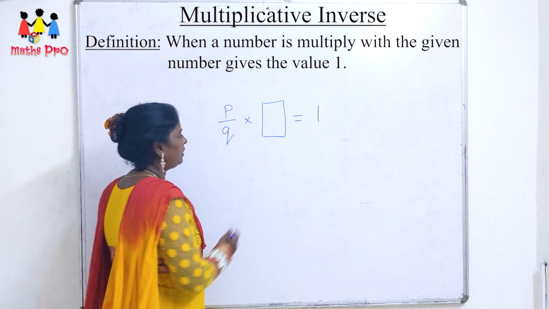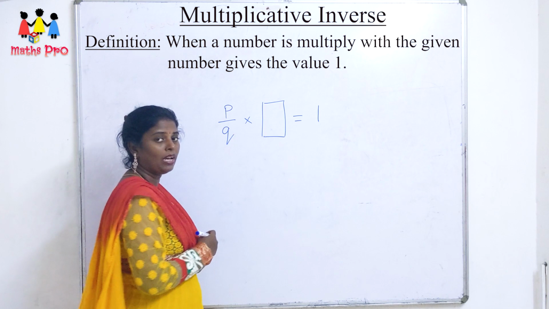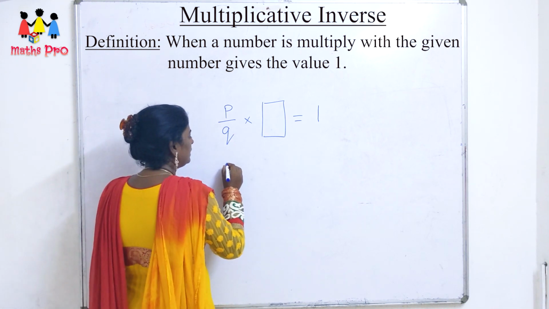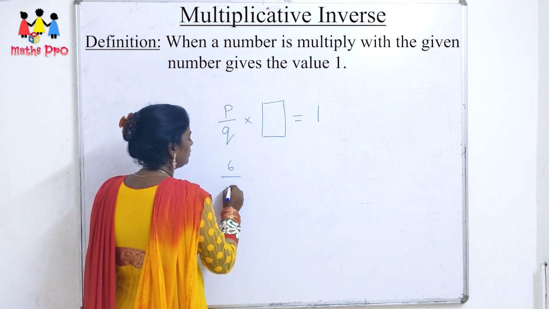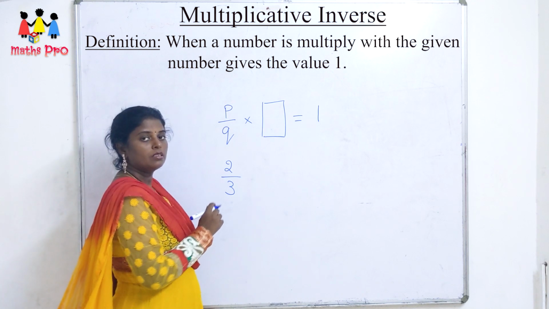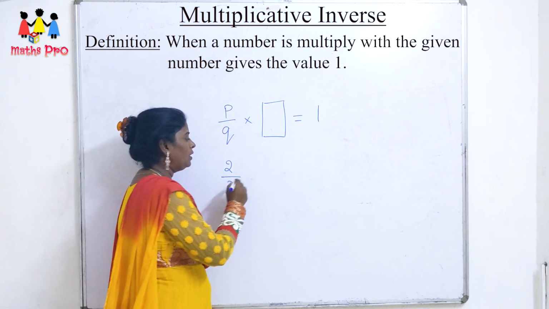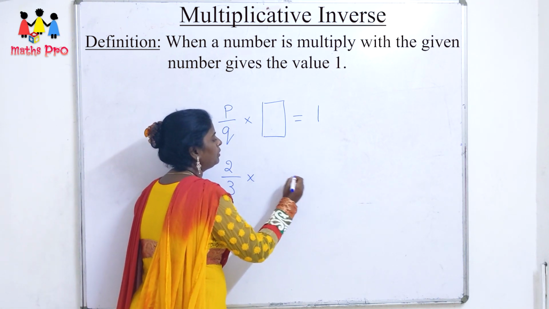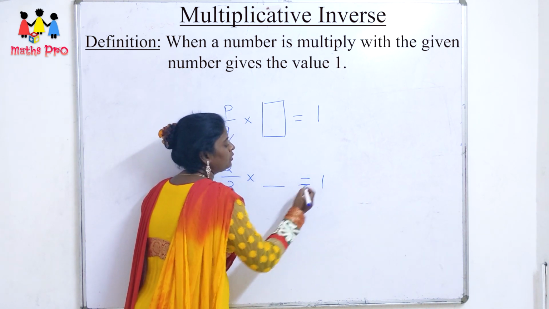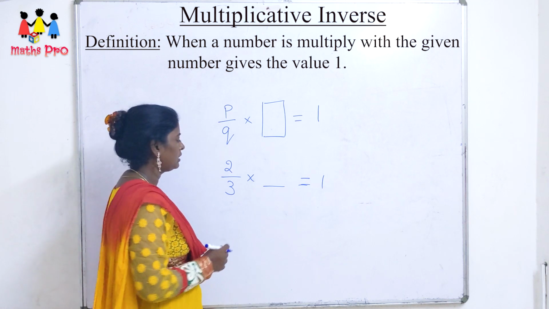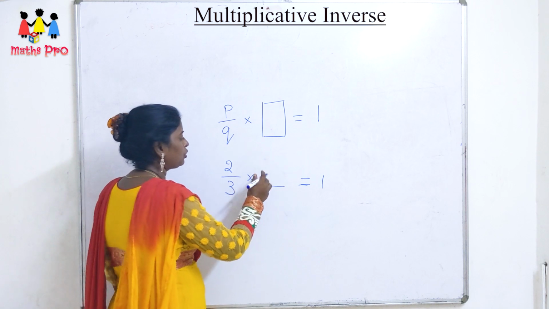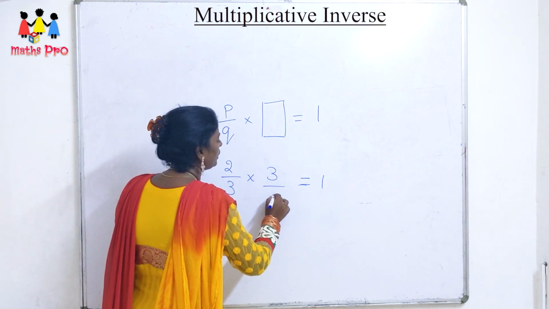Whenever I give values for the variable P by Q, like 6 by 8 or 2 by 3, so 2 by 3 is a rational number. When I multiply it with some number that gives the value 1, that number should be in the form of 3 by 2.